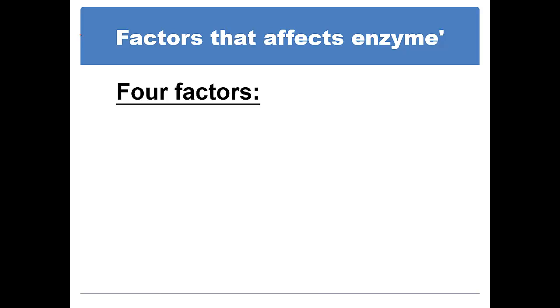Before you listen to me about the 4 factors affecting enzyme activity, I want you to think by yourself about what these 4 factors are and how they would affect the enzyme activity. Could you get a piece of paper or your notebook and write down 1, 2, 3 and 4 and what the factors would be?